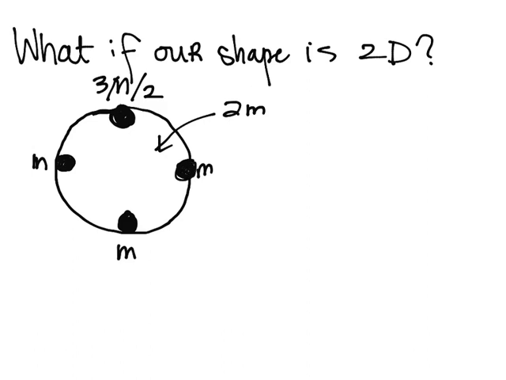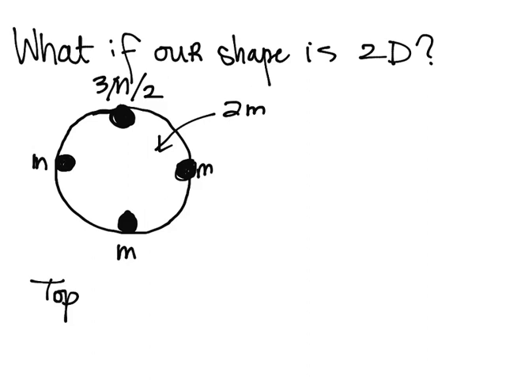The next question is, what if our shape is 2D? So let's say that this is a top view of a little merry-go-round on a playground, and we have 4 kids. These black dots are our 4 kids sitting on the merry-go-round, and the whole merry-go-round has a mass of 2m. What should we do?